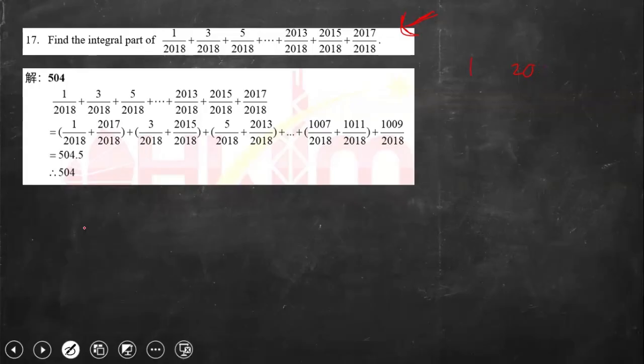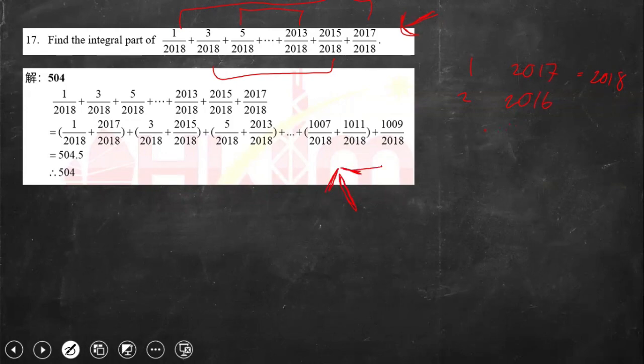We can do this so that they all correspond to 2018. They paired the values so that they add up to 2018 every time. So 1 and 2017, 2 and 2016, and then etc., etc. That's how it arrived at this.